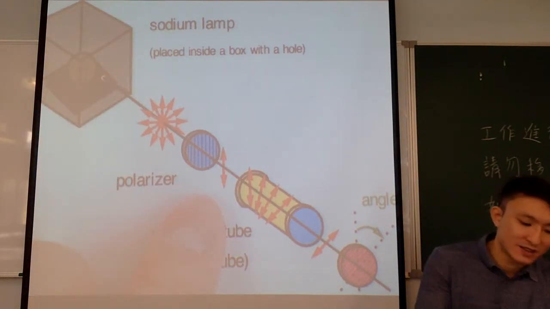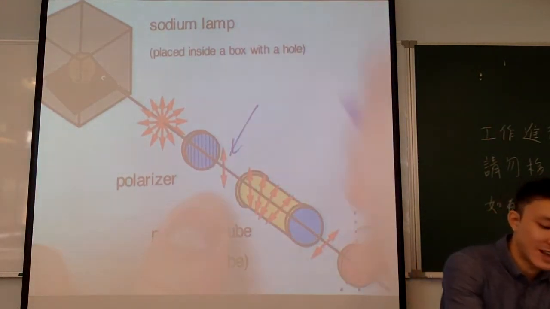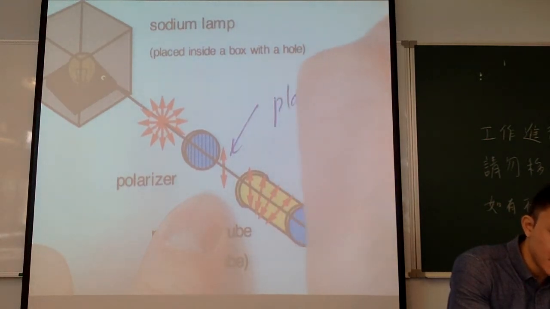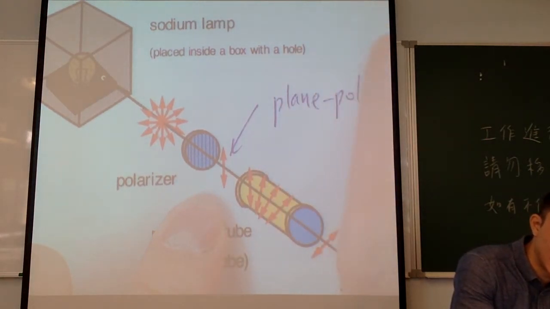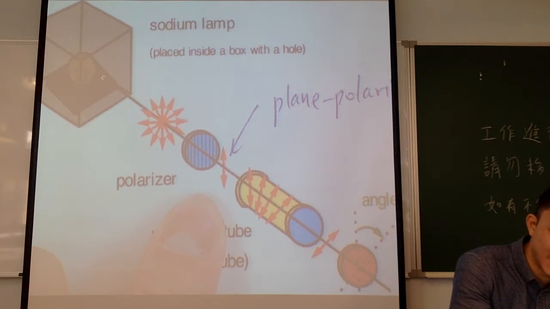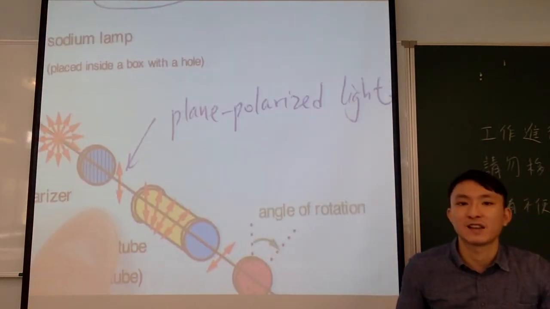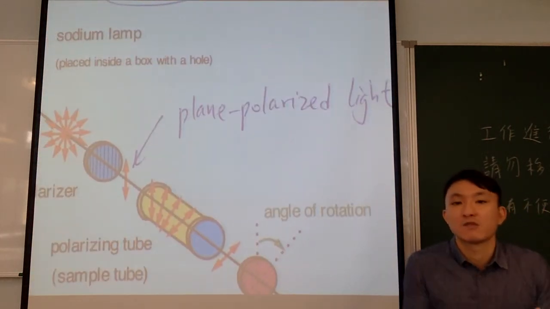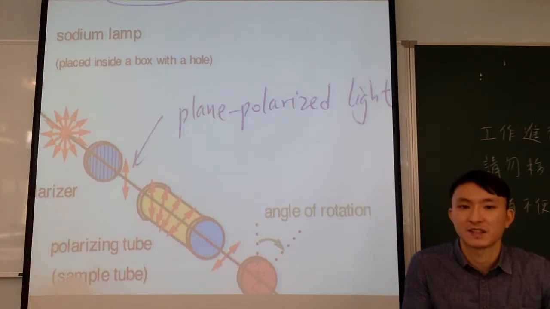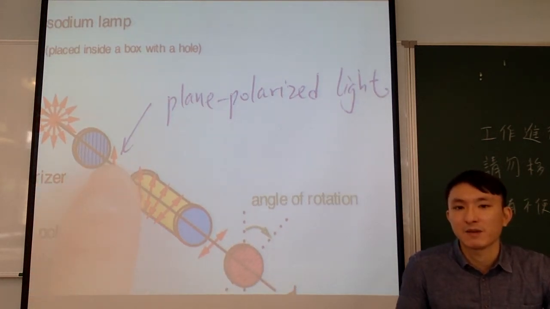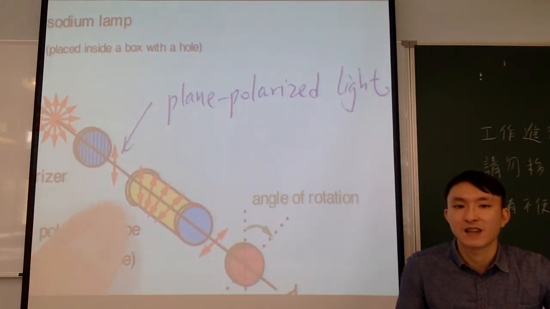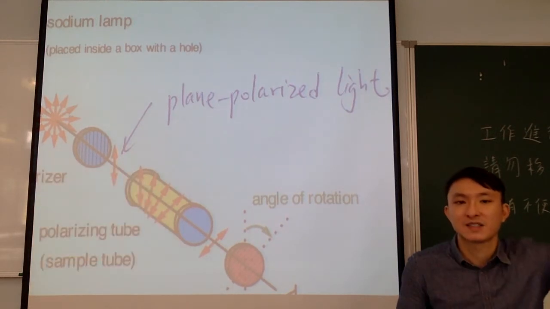This one, we will say it is plane polarized light. Okay? Plane polarized light. This one is unpolarized. Now, with this plane polarized light, we will direct it into our sample.